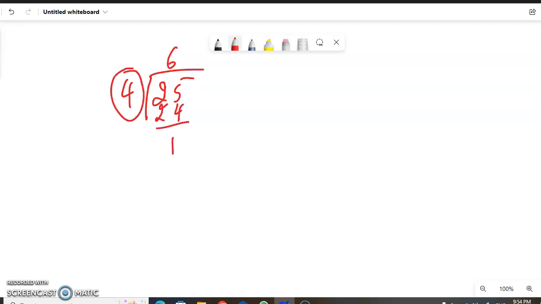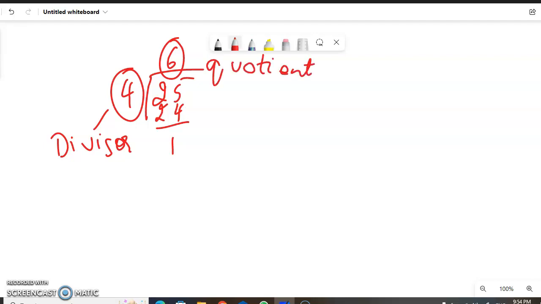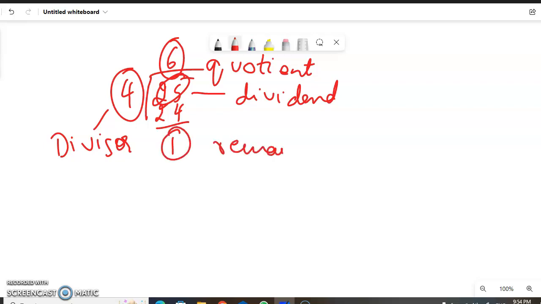So what do we call this? This is my divisor. This is quotient. This is dividend. And this is remainder. So see, if I consider 25 as A and B as divisor, how can I get back 25?